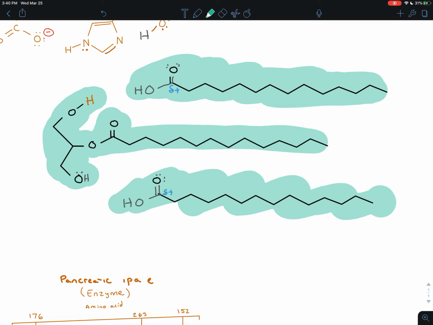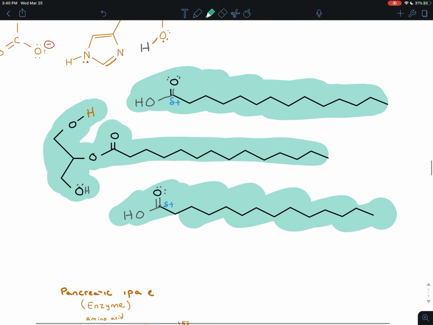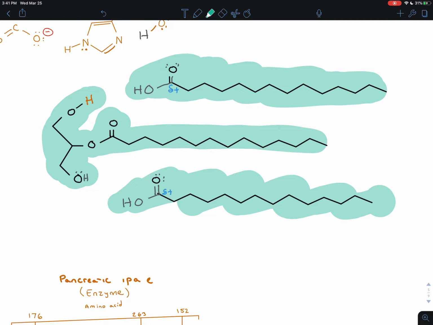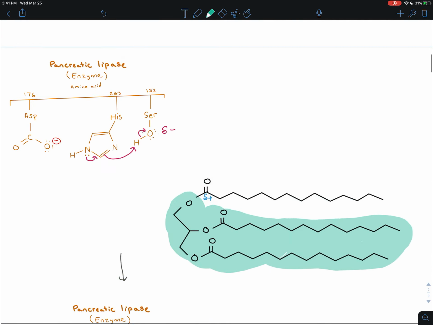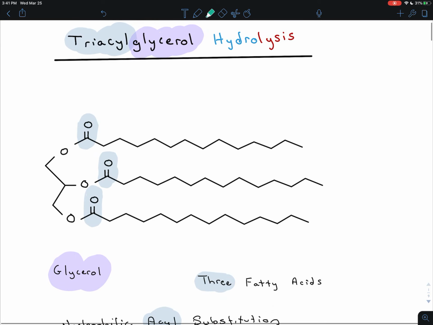Those pieces are now small enough to travel through the plasma membranes of the cells that line your digestive tract into your body, into the mucosa of your duodenum, where new journeys await them. But so far, what we did in this video was we walked through the nucleophilic acyl substitutions that give you triacylglycerol hydrolysis.